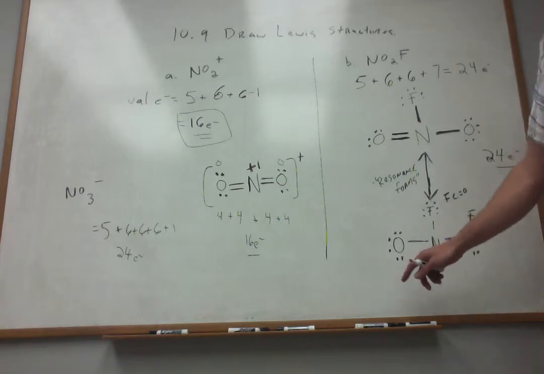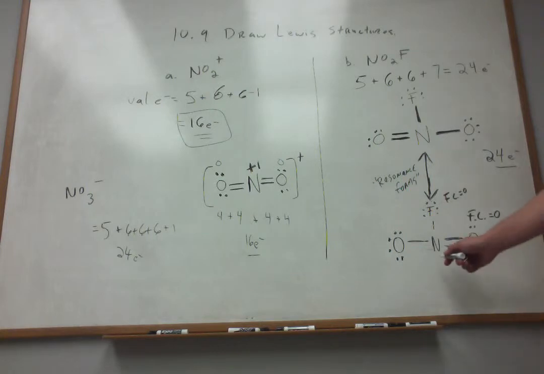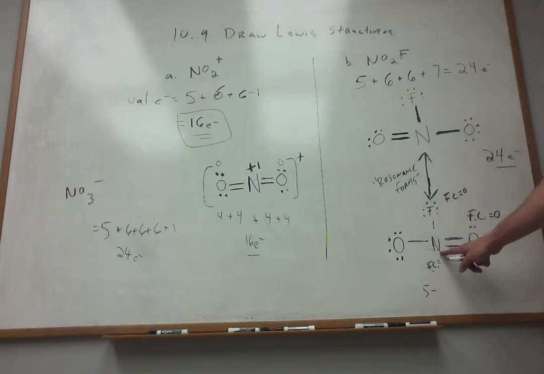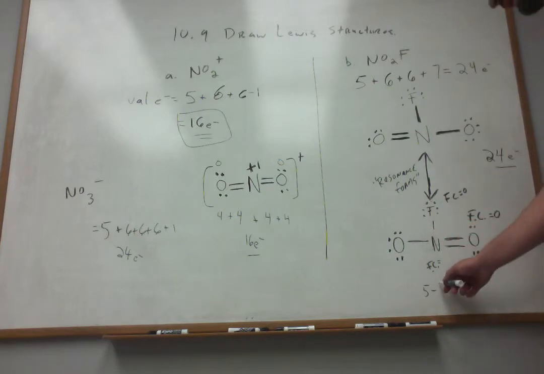And I think these two might have opposite formal charges. So let's take a look at the central nitrogen here for a second. What's its formal charge? Well, it's got 5 valence electrons on the periodic table. How many are assigned to it? Well, it's got 1, 2, 3, 4 bonds. And if we predict sharing equally, I think it's going to have a +1 formal charge.